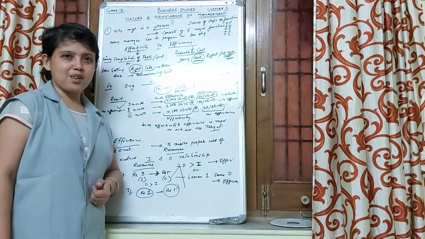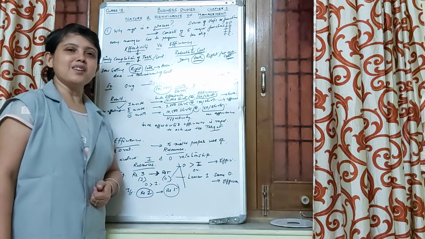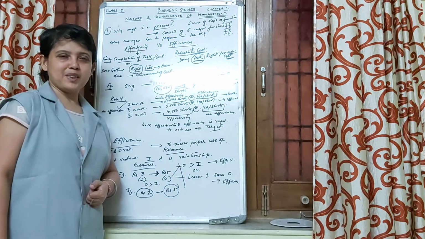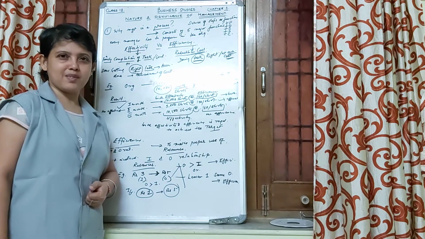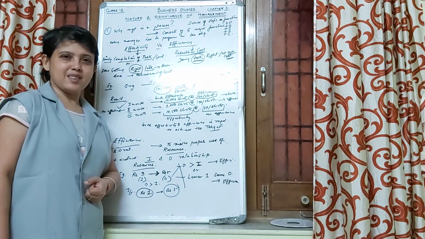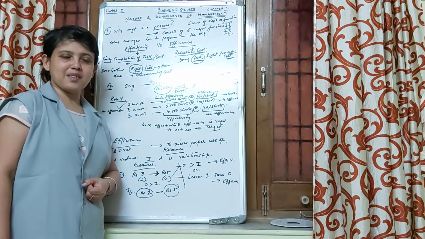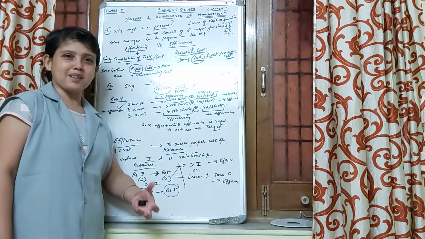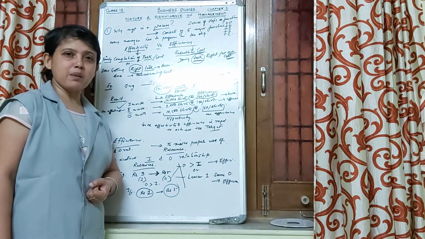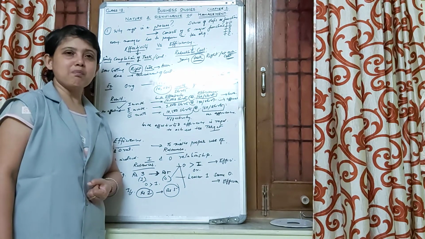So with this, we have completed the introduction part in which we learnt about what is management, the definition of management, the concept of management, and important terms mentioned in the definition of management, to get a complete picture of what is management.